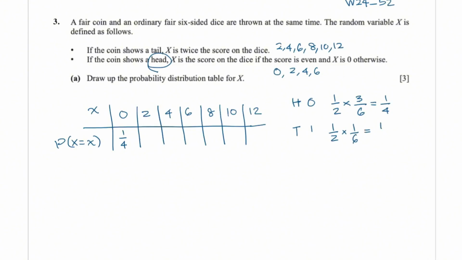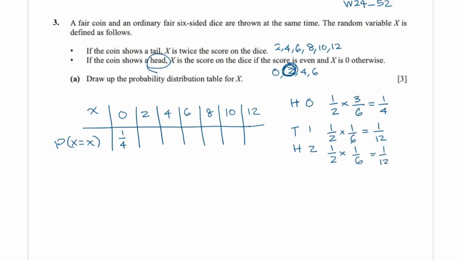This gives us 1 over 12. But don't stop there because there is one more chance. You see here? It is also happening when you have a head and getting number 2. So it is 1 per 2, getting number 2 on a dice, another 1 per 6. That is 1 per 12. So if you add this up, you will have 2 over 12.